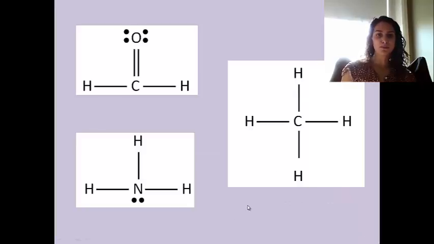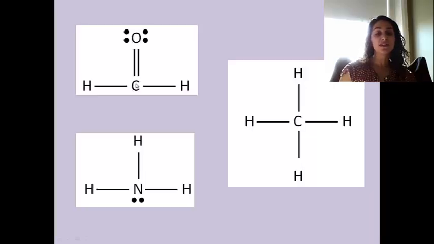If we look over here at this molecule, we have 3 domains. Because here's a central atom, carbon, and we see that we have 1, 2, 3 atoms bonded to it. Now notice I didn't count this double bond as 2 domains because I'm not interested in the bonds. I'm interested in the atoms that are bonded to the central atom.